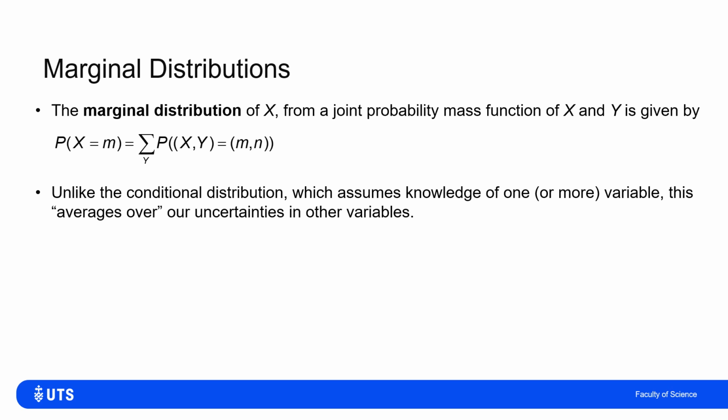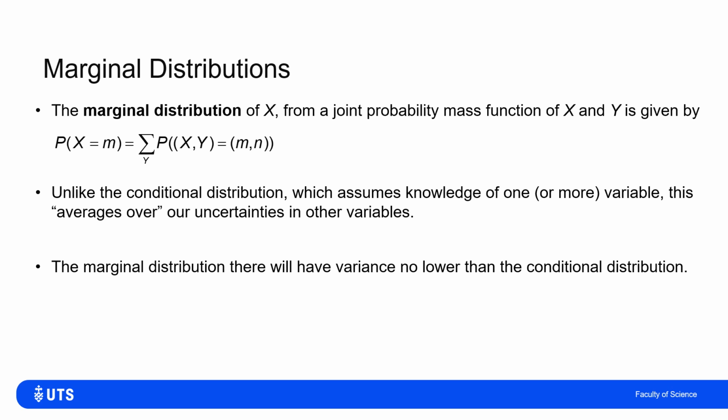So this doesn't require any knowledge of what the other variable is. It doesn't require any knowledge of y. In fact, quite the opposite. It just says, I don't really care about that. I'll just effectively average over my uncertainty in that variable.